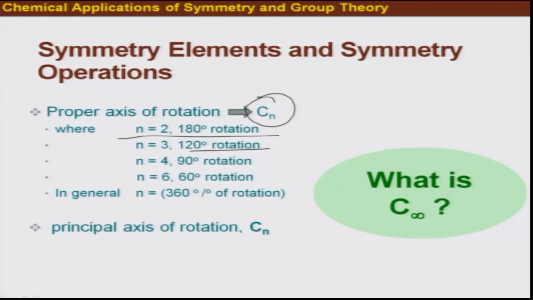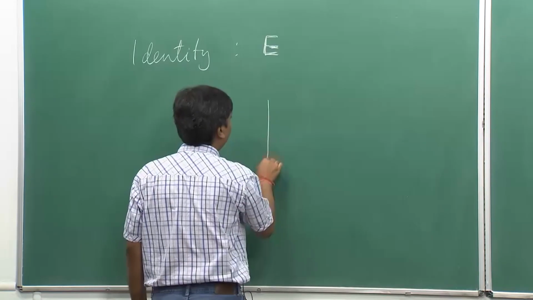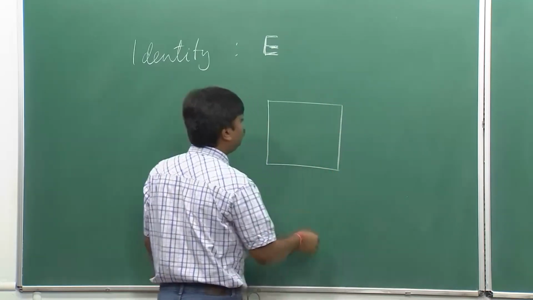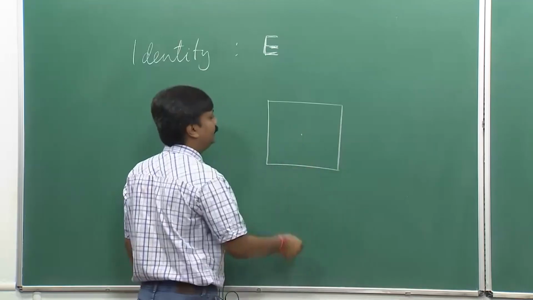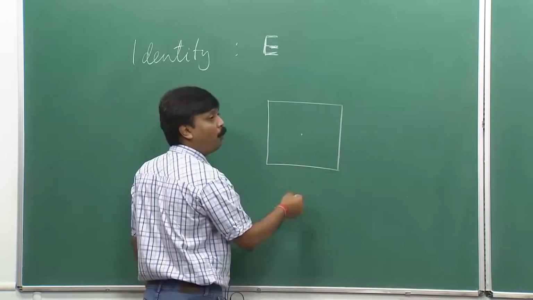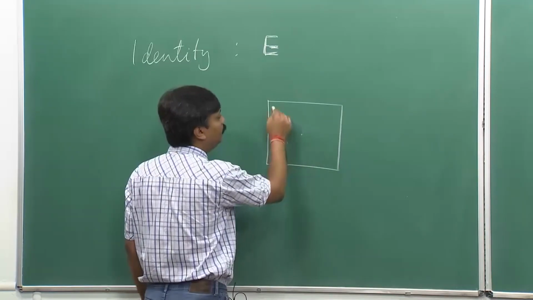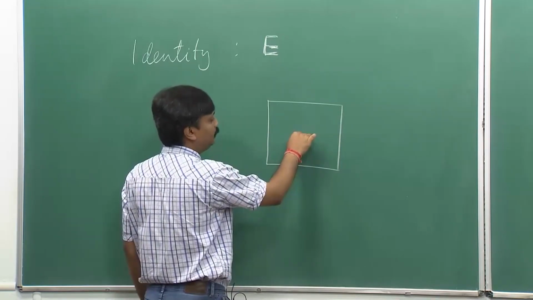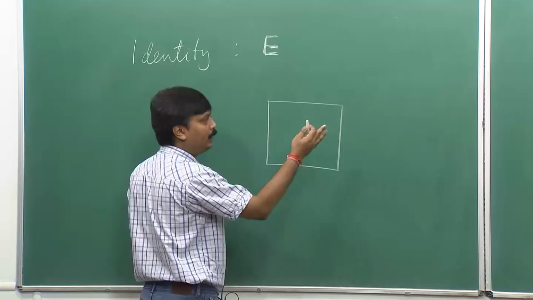Similarly, for a 90 degree rotation, you can have an order 4. So you can easily figure out that if you have, say, an object like a perfect square, you can imagine an axis through this point, and this axis is perpendicular to the plane of the board, then for every 90 degree rotation you get an indistinguishable structure.